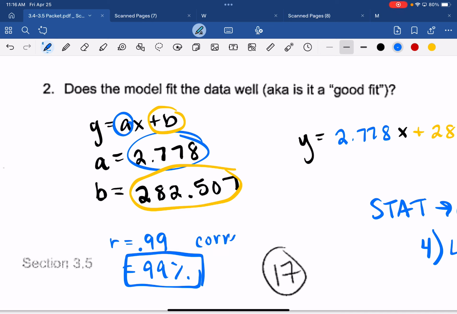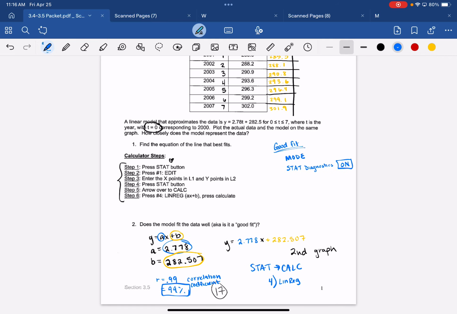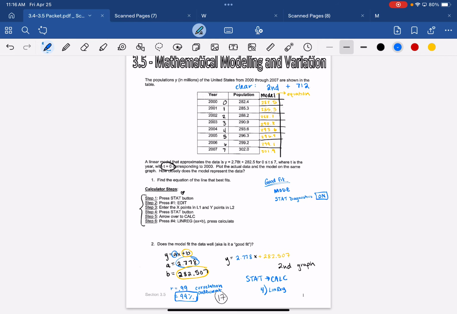So I'm going to write that word. You don't necessarily have to remember it, but correlation coefficient. Your correlation coefficient tells me how accurate my model is. So for example, my model is accurate 99% of the time. So that's pretty good, right? 100% being perfect.